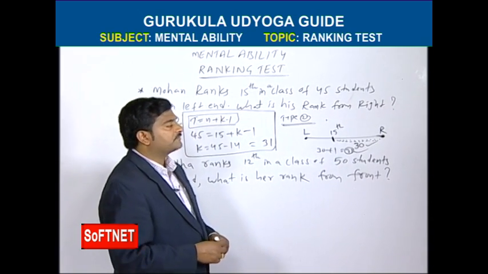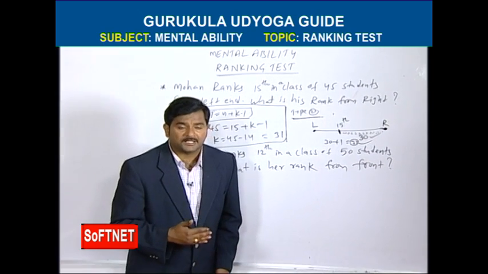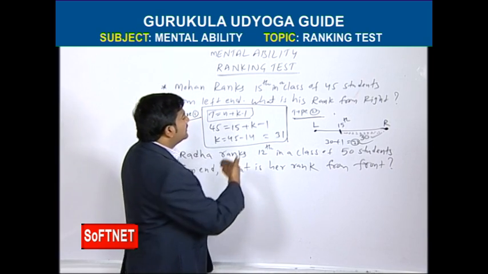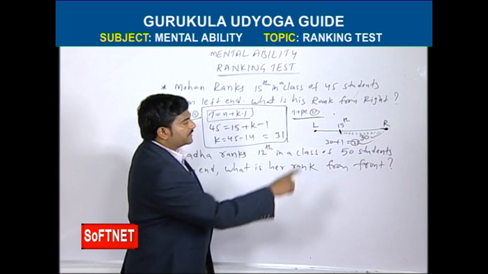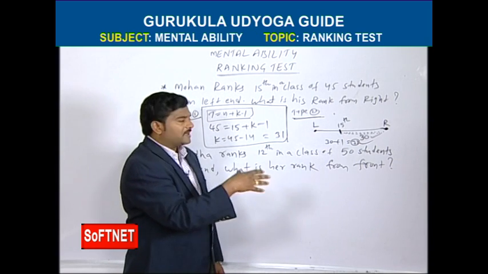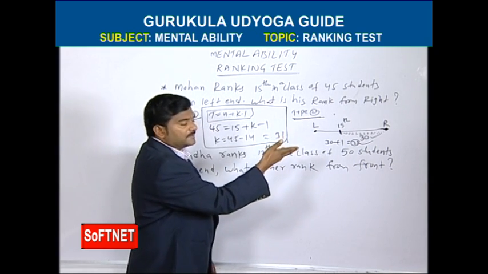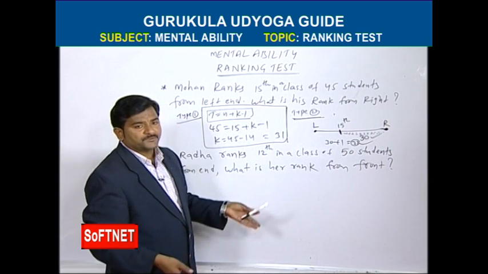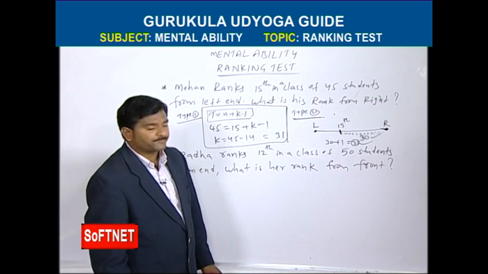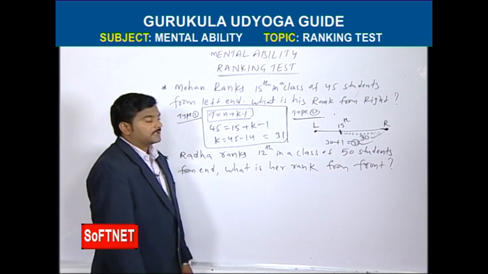So without using the formula, in general also we can say it, or else by using the formula T is equal to n plus k minus 1 you can solve. I hope you understood that. Sometimes you can do it in general, but sometimes you may get confused. That's why simply substituting the n value you will get the k value, no issue.